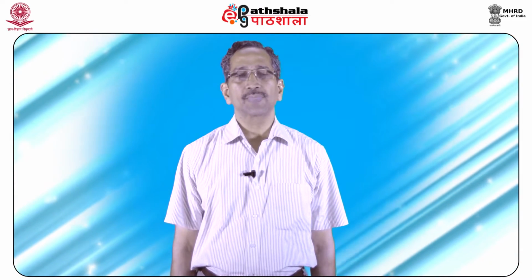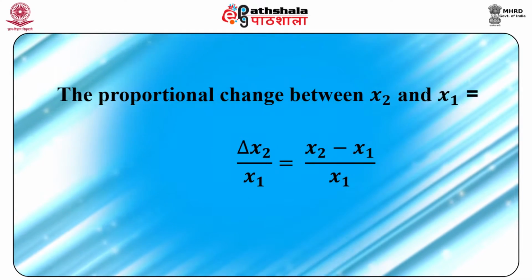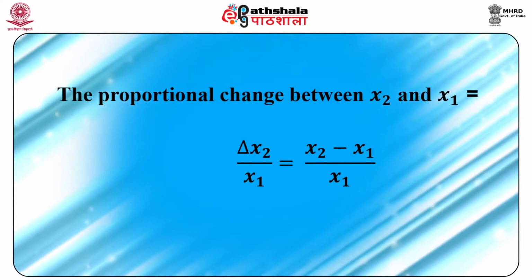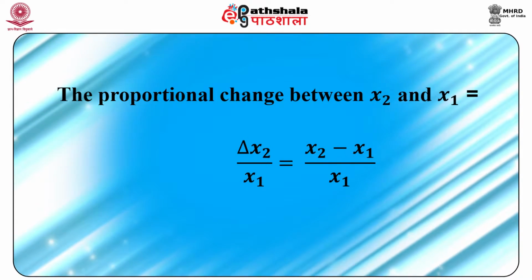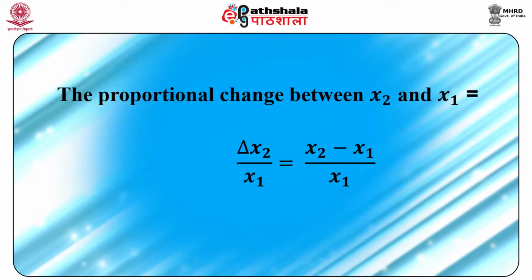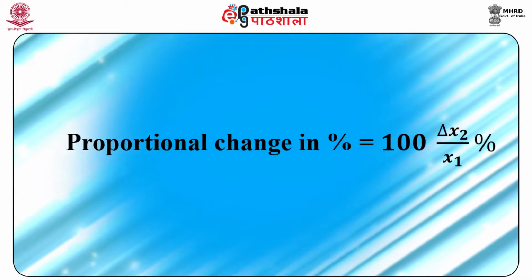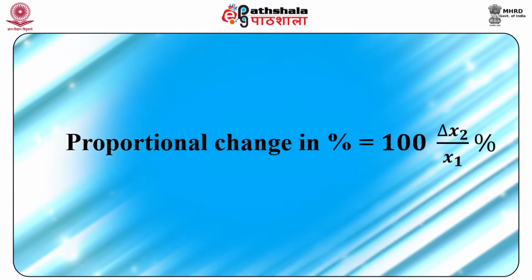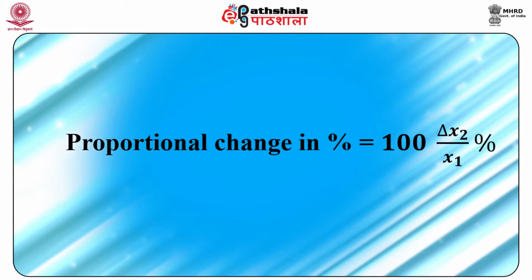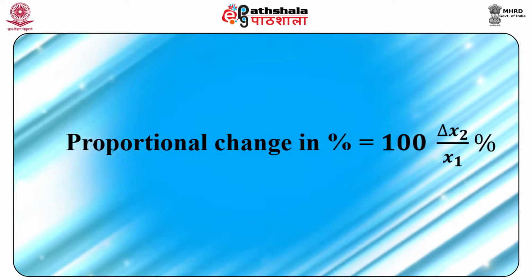The first is the proportional change between x2 and x1, given by delta x upon x1, and is equal to x2 minus x1 upon x1. To obtain proportional change in percentage, we multiply this proportional change by 100. So, 100 into delta x upon x1 is the percentage change.